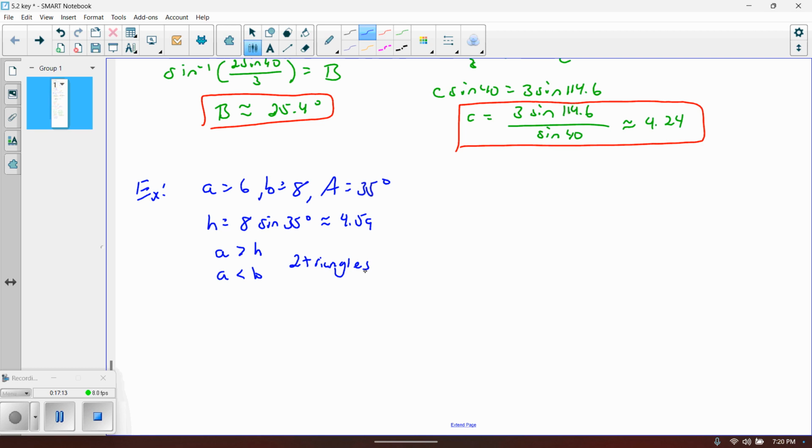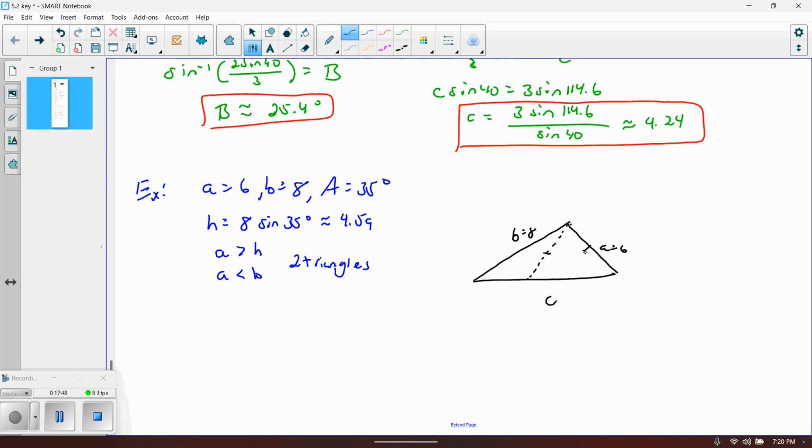triangles out of this. So again, we can kind of sketch it. So here's B, that's 8. Here's A over here, which they said is 6. And then here's C. But remember, we're going to have two triangles, and that's because A could also be over here and be 6, because these are the same.